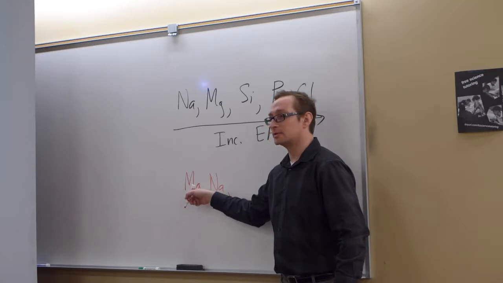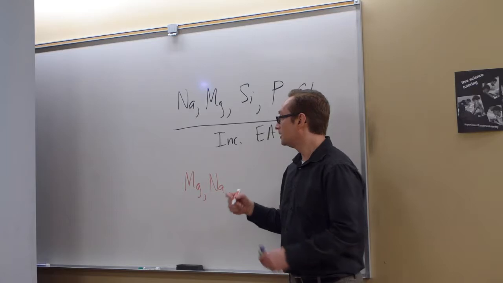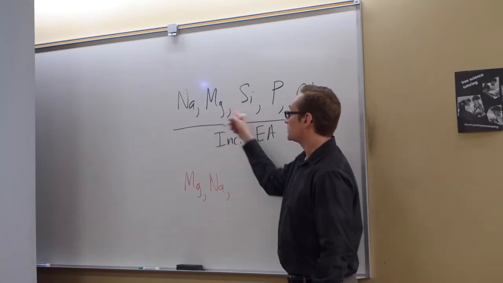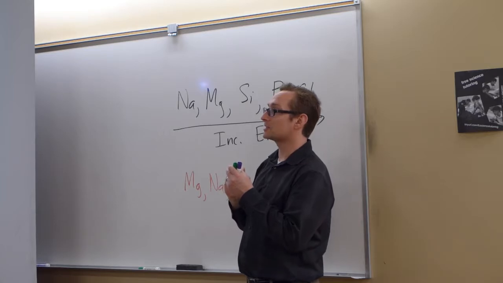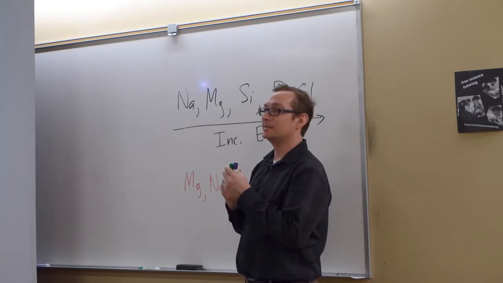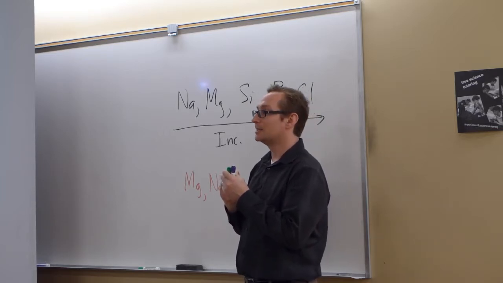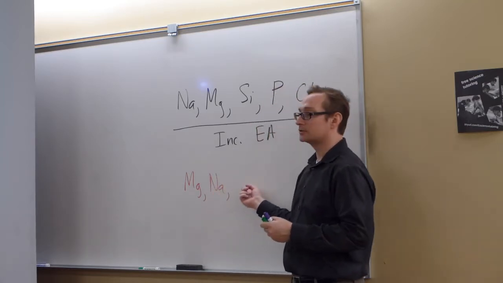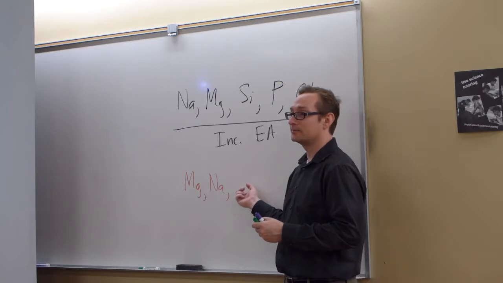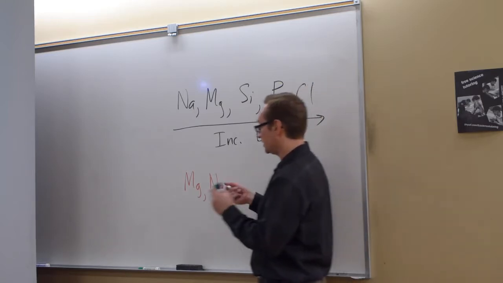Or in other words, it's harder to add an electron on magnesium than it is to sodium. Sodium compared to silicon, though. Is sodium close to silicon in the periodic table? Not really. So we would still say that silicon is going to be higher in electron affinity relative to sodium.